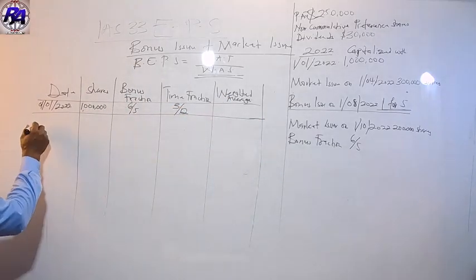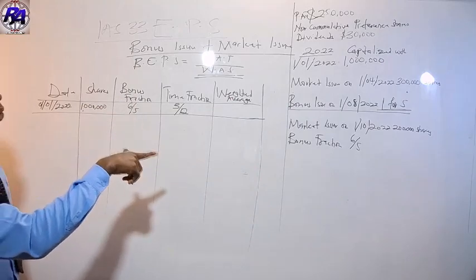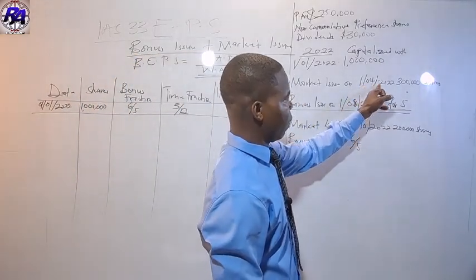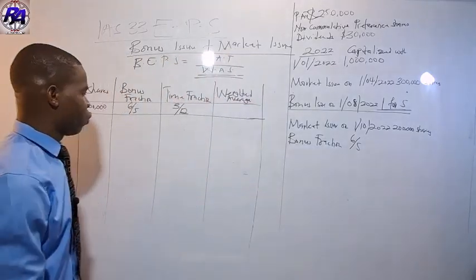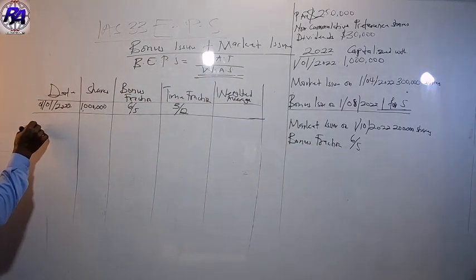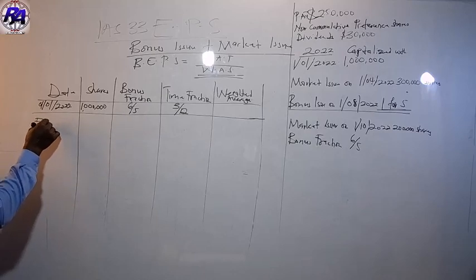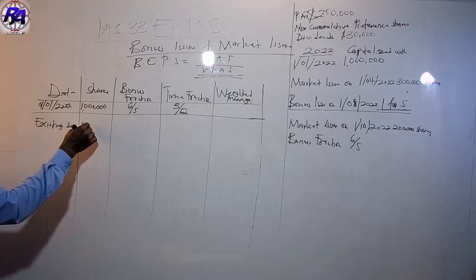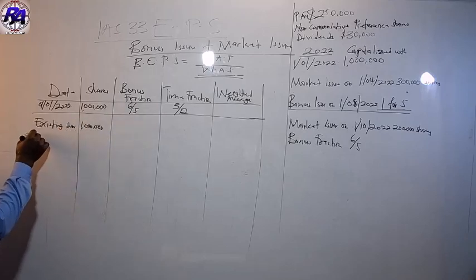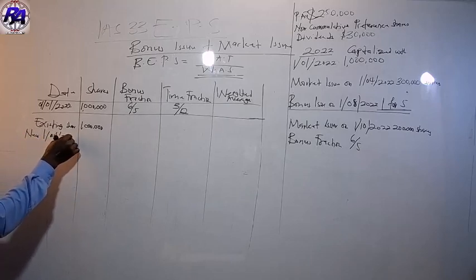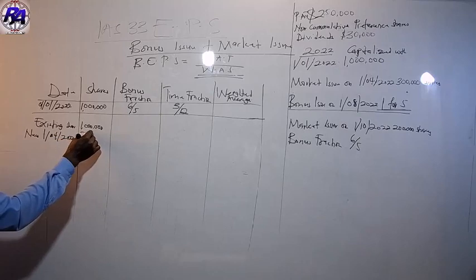Now we go to the next issue. The next issue was a market issue on 1st of April 2022. So in this case, we have our existing shares of 1 million, and then our new shares on 1st of April 2022, which give us 300,000.